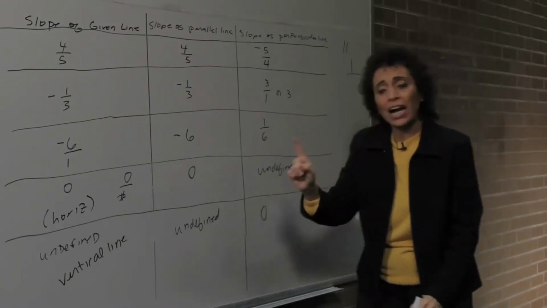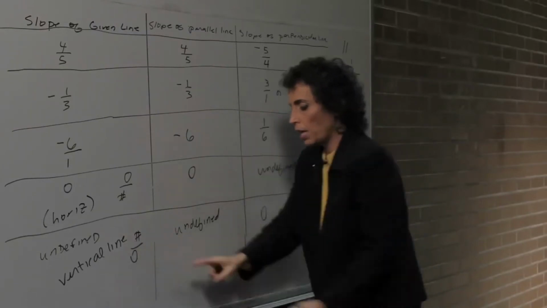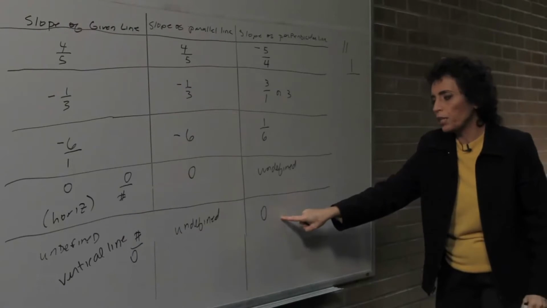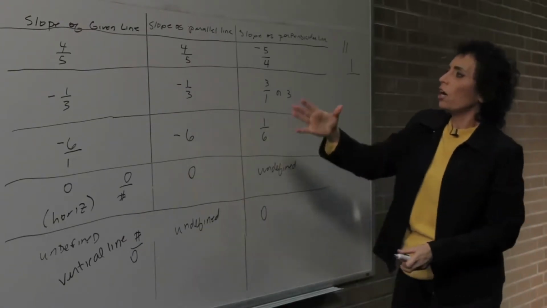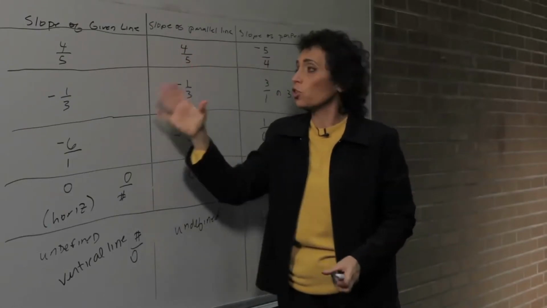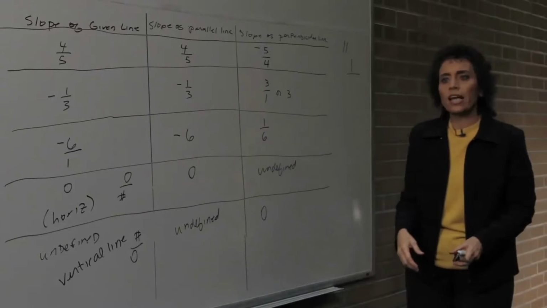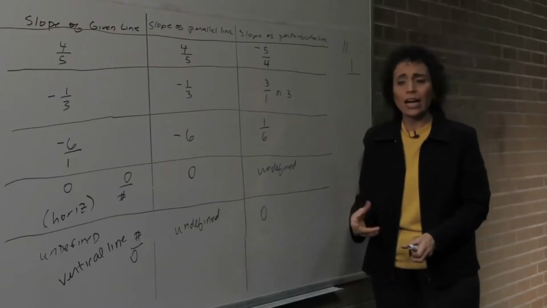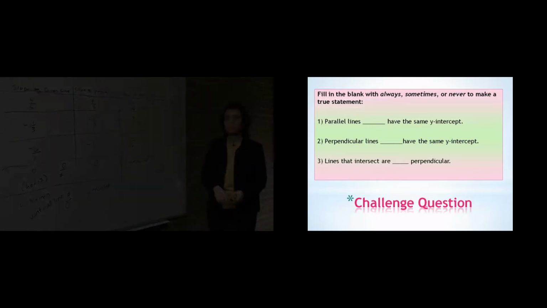For the same reason, but algebraically, if it's undefined, then 0 is on the bottom. And when I flip it, 0 will be on the top, making the answer 0. So this is just trying to understand the different kinds of slopes and how they connect. All right, so let's take a look at some questions to look at. So if you would fill those answers in your workbook, and then we'll come back and talk about them.